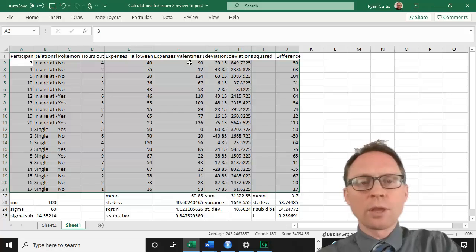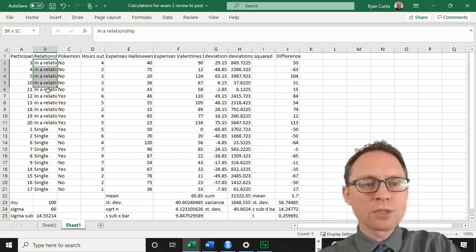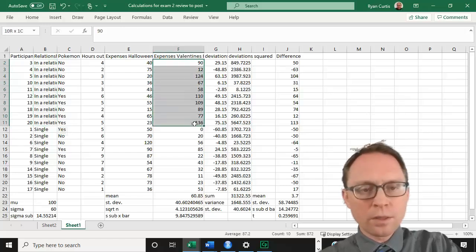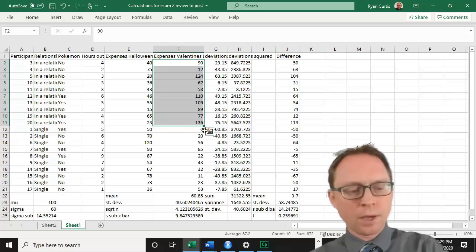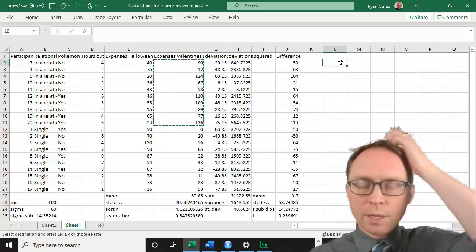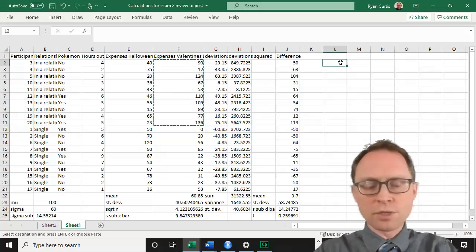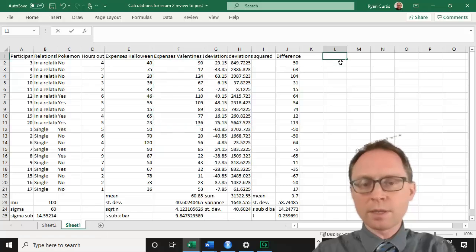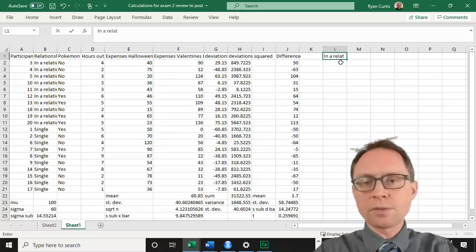And remember, we're looking for how much money you spent on Valentine's Day. So here's all the people who are in a relationship. And here are their expenses on Valentine's Day. Okay. Control C. This is going to be in a relationship. So let me write that down. In a relationship.